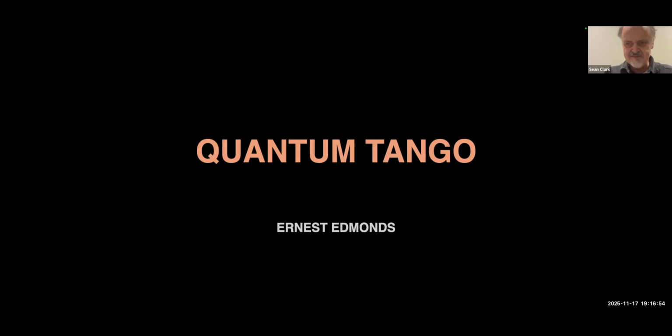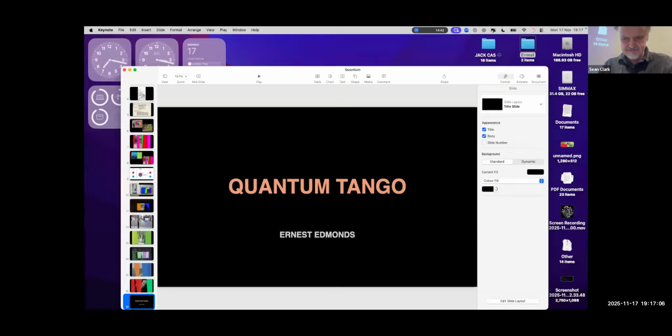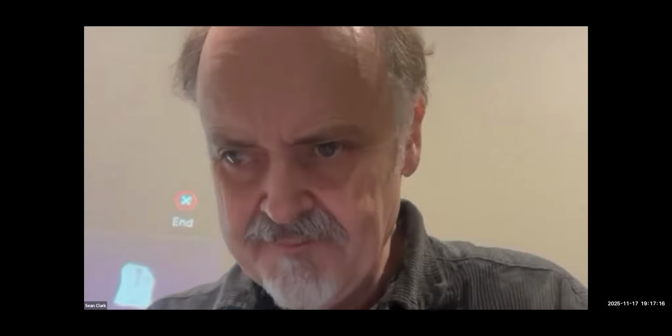I have to use my Zoomer because I can't see this screen very well, even though it's my own. Great. So I'll be okay with sharing a screen like that.